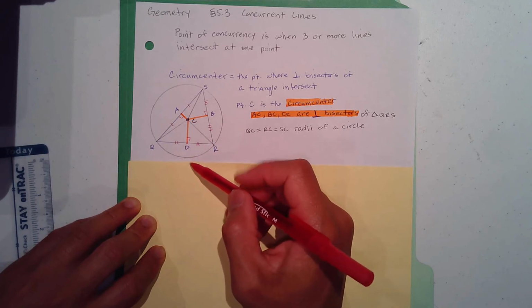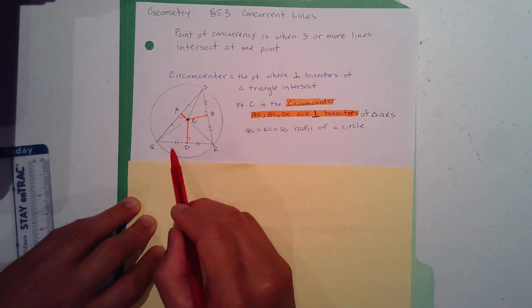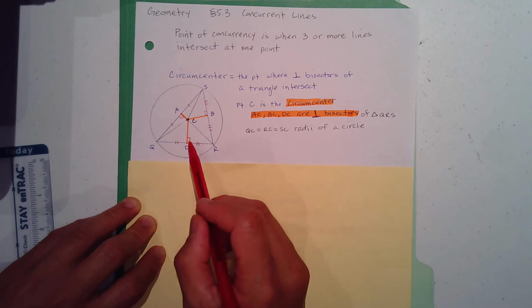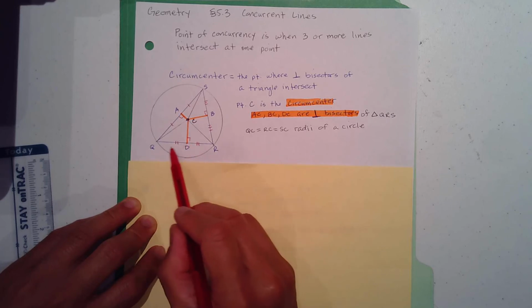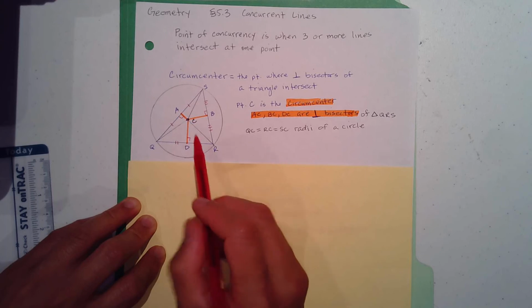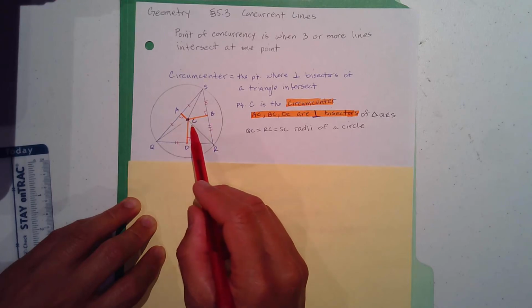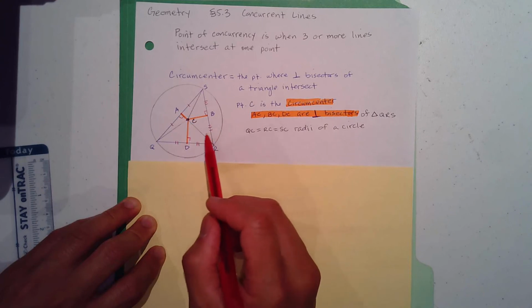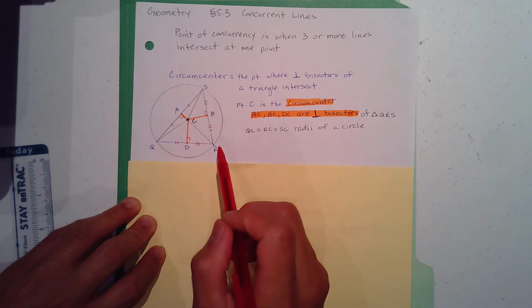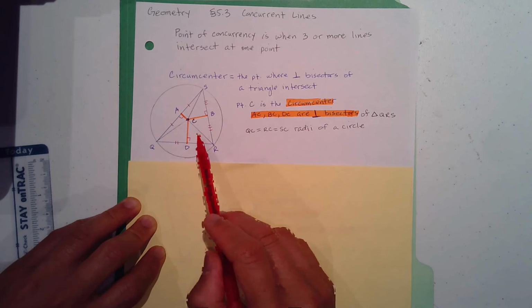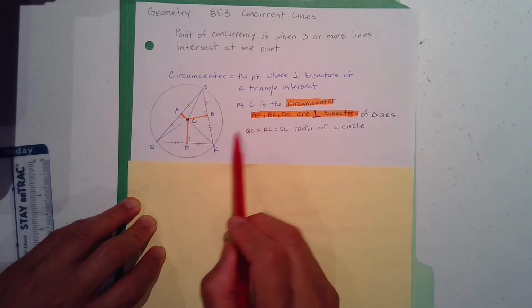CD is a perpendicular bisector because again it creates two congruent segments and creates 90 degrees with QR. So when these three perpendicular bisectors intersect, we call it a circumcenter. So in this diagram, point C is a circumcenter.